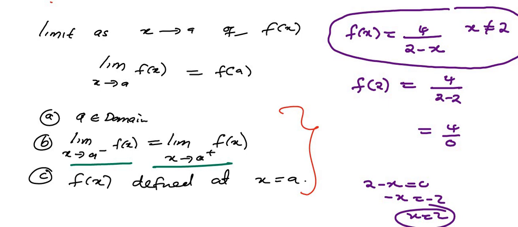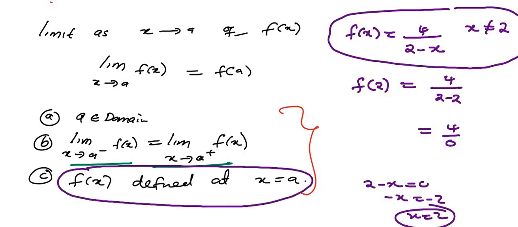Any other number is allowed, but not what? But not 2. Yeah, so we cannot substitute with 2 directly. The function will be undefined, because remember the last statement here says the function has to be defined. If it was 0/4, it would have been okay, meaning 0 divided by any number is what? Is 0, right?